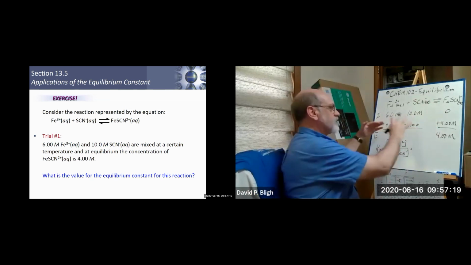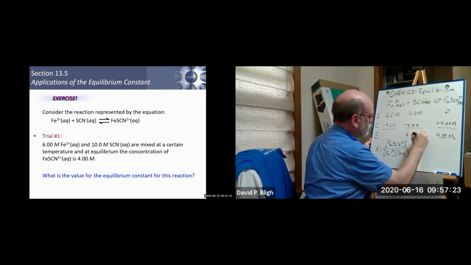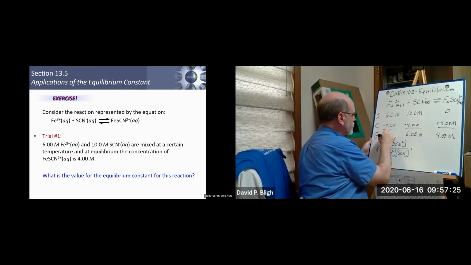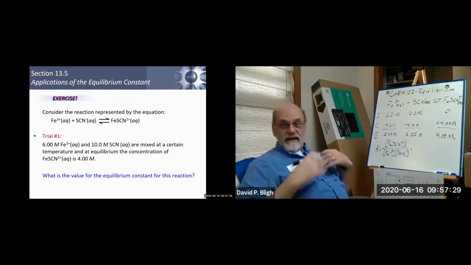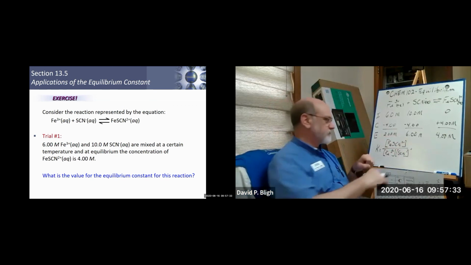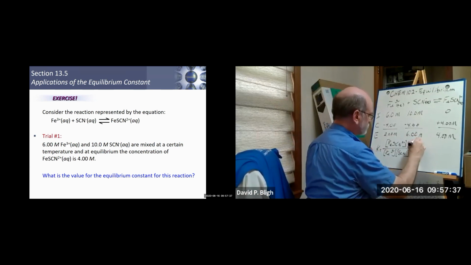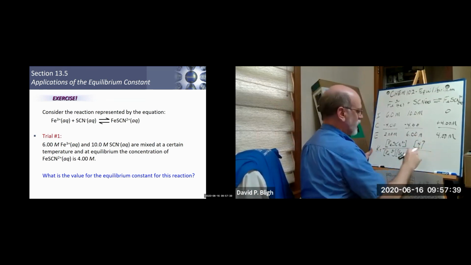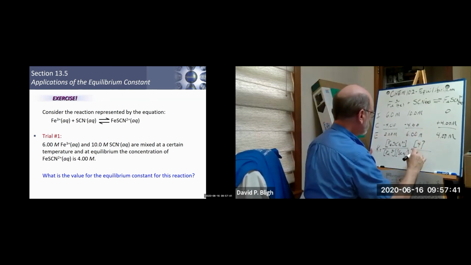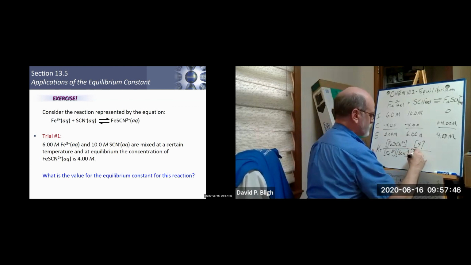So what does that give us down here? Where that says we have left this amount, and we have left this amount. Right. Now we have our equilibrium concentrations. We can do the calculations. So we put in 4 here, and I'm going to abbreviate. I just leave out those significant figures for space-saving purposes. 2, 6.